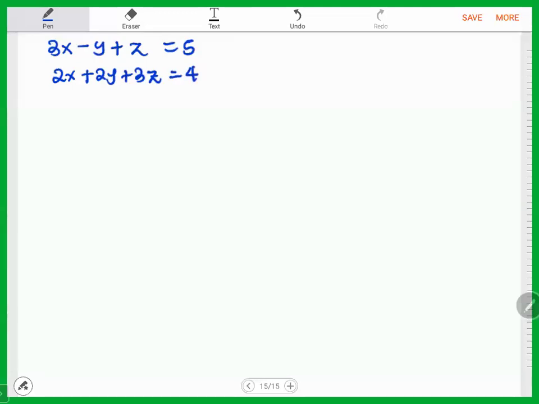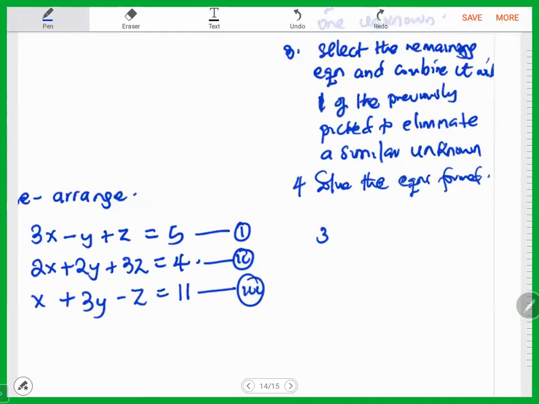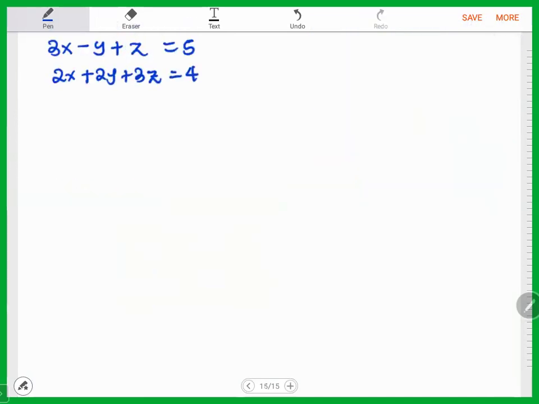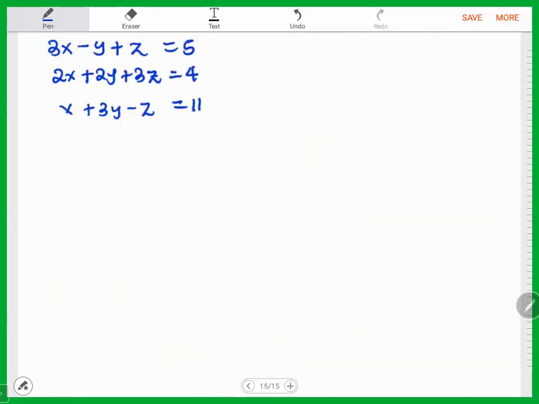And lastly, x plus 3y minus z. So call this one 1, this 2, and this 3.